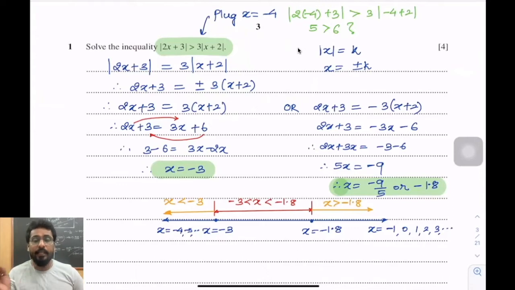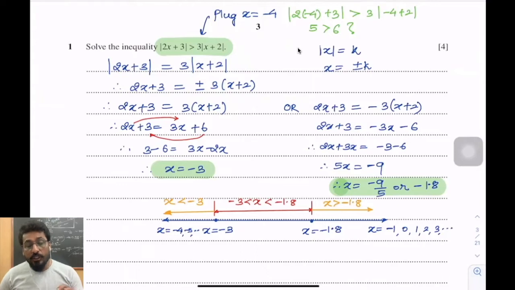Just take a value from there and put it in your inequation. If your inequation gets satisfied, you will say that the orange colored region is your solution set. You can check the red colored region as well. If the orange colored region is not satisfying the inequation, then definitely the red colored region is going to satisfy. You can check also.